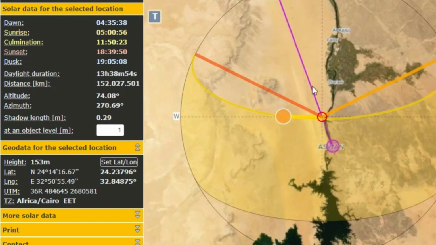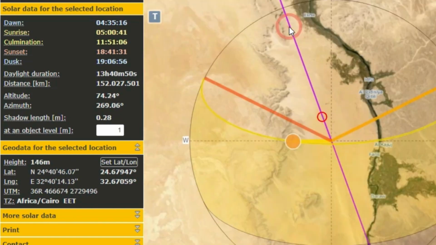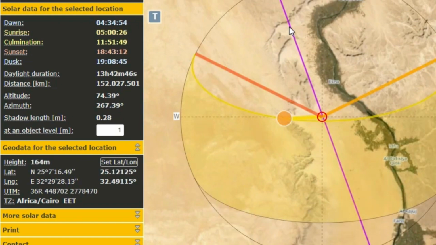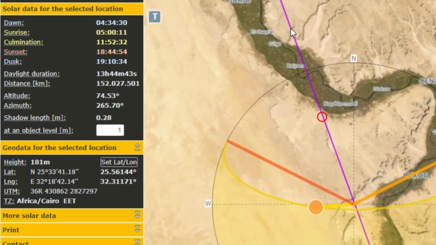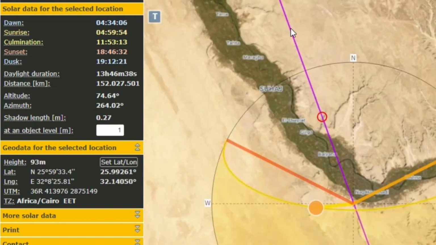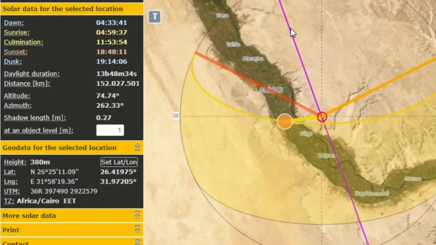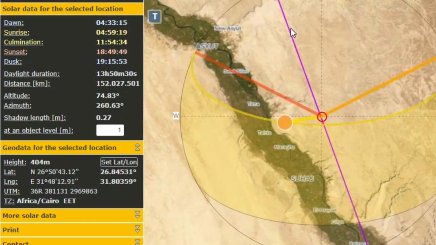The 153 meters. It goes up and down and you need to cross water a couple of times. Here, 380 meters. 400 meters.